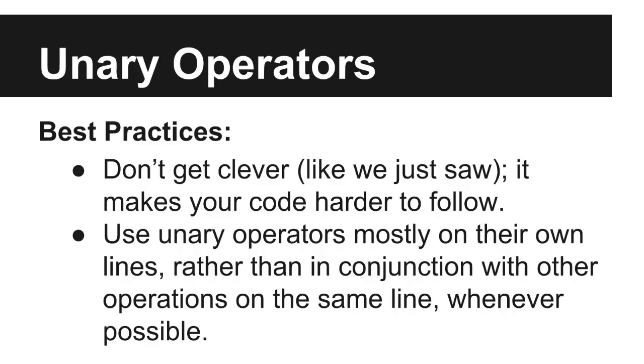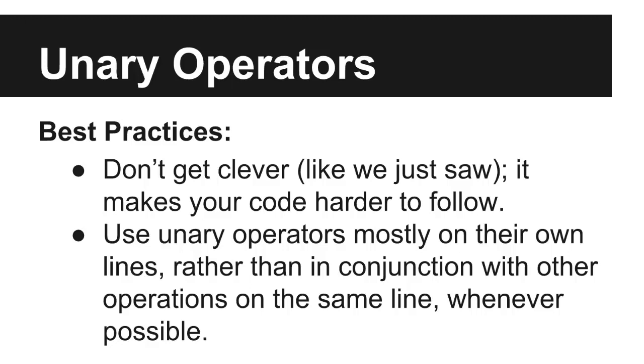Instead, use those unary operators on their own lines by themselves in order to count up or count down. And certainly only use them if you're counting up or down by 1. If you're counting up or down by 3, just use the compound assignment, or just do something like x is equal to x plus 3. That'll make your life a lot easier.